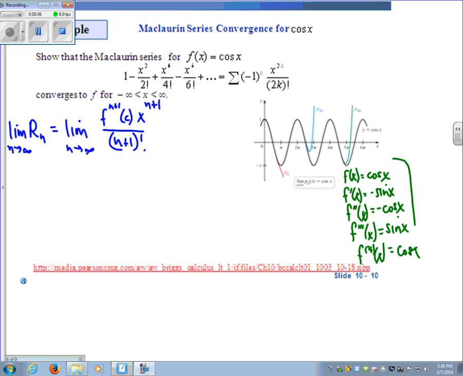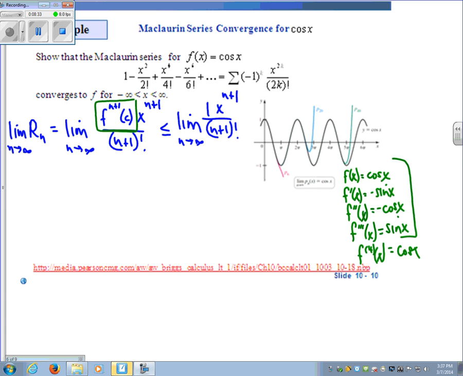So we're repeating these four values over and over. So we're not sure which of those it will be, since we don't know exactly which derivative it's going to be. But one thing we do know is, no matter what the x value is, this expression is always less than or equal to 1. So I'm just going to say that this is less than or equal to the limit of 1 times x to the n plus 1 over n plus 1 factorial.